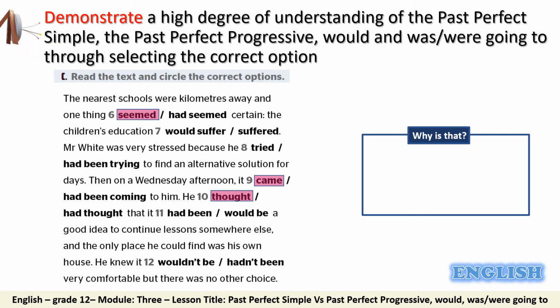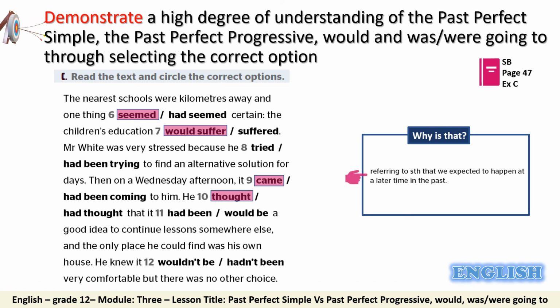We continue with the same activity. So for number 7, we should choose what? Excellent. Would suffer. Can you say why? Very good. Because it refers to what we expected to happen at a later time in the past. Then number 8, what have you chosen?